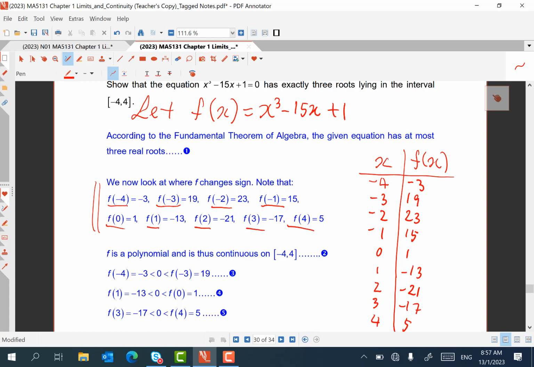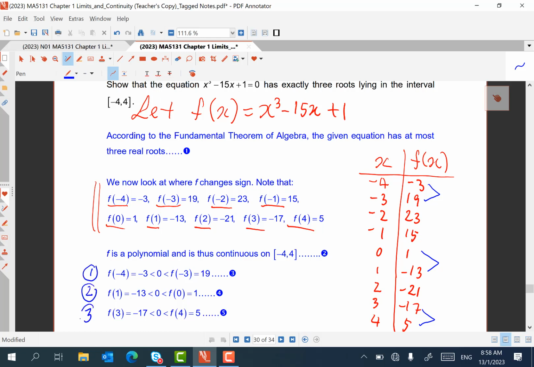It might be better for you to write them in this manner, and then you can clearly see that there is a change of sign here, here, and here, and therefore you are sure that there are roots that lie in the respective intervals, and you will identify that there are 3 intervals that contain roots.